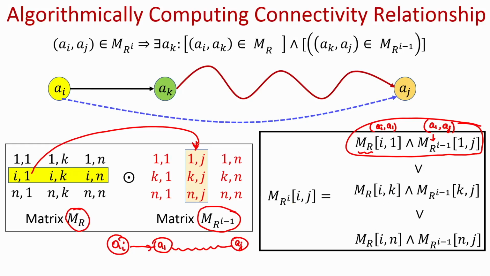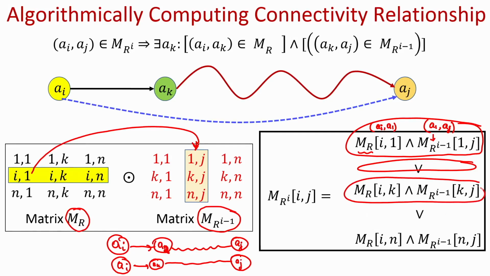or I should check in a similar way that Ai is related to, say, A2 and A2 is related to Aj or not. So, that will be the essence of the second conjunction here. In the same way, I should check whether Ai is related to Ak in the relation R and Ak is related to Aj in the relation R power i minus 1 or not, and that will be the essence of this kth conjunction.